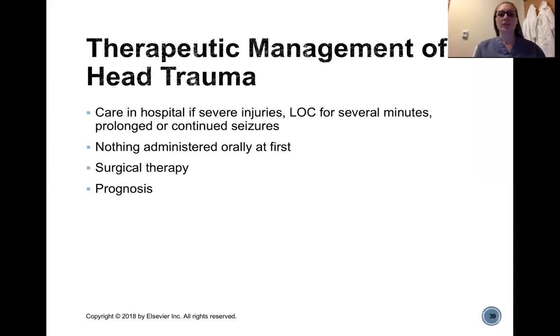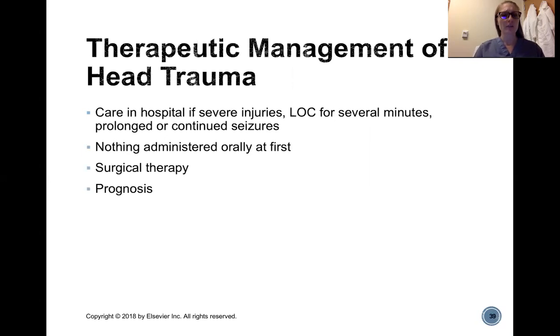So what are we going to do in the hospital? So in the hospital, we're going to be looking at their level of consciousness. So this is going to be assessed on an ongoing basis to determine where we are with the level of consciousness, which is going to help us determine the level of neurological insult.